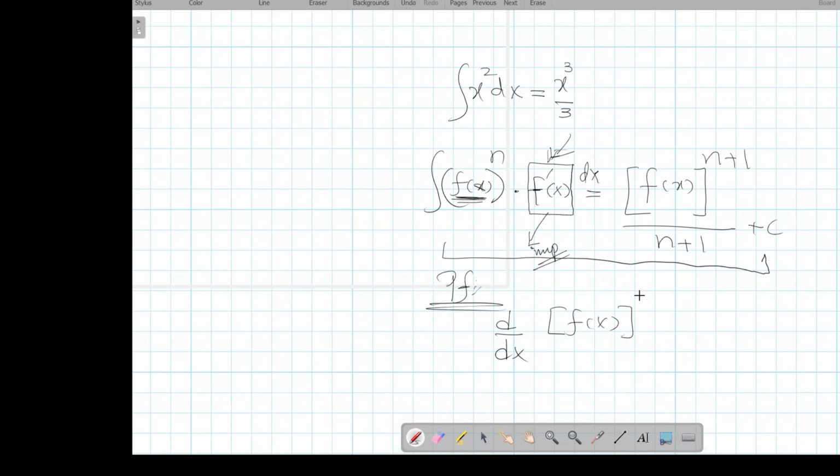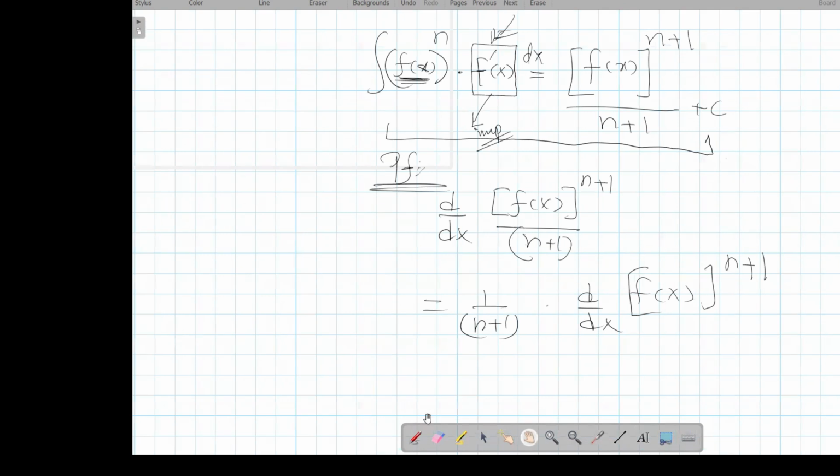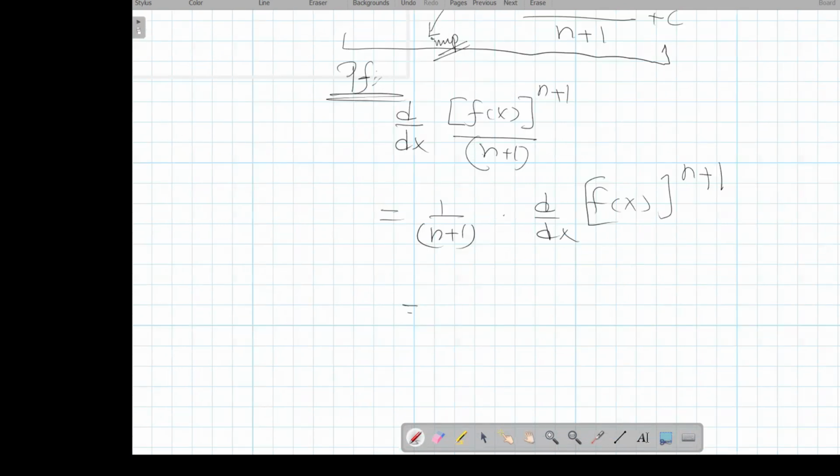Let's see what happens. Differentiate the right hand side. So how do you differentiate this function? This n plus 1 is constant, just keep it outside. And the derivative of the power of the function. How do we differentiate this now?